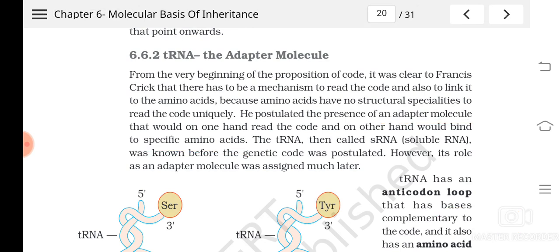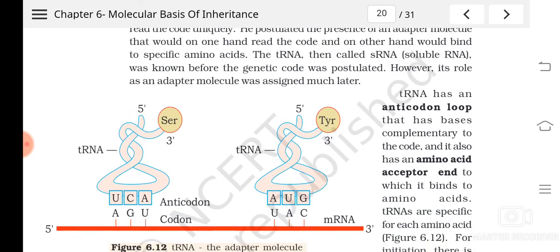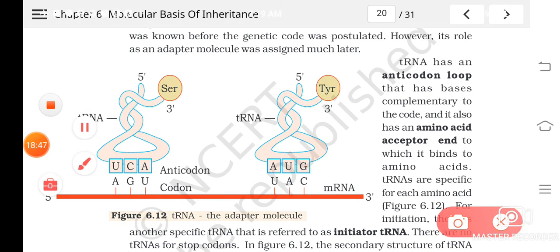tRNA was known before the genetic code was postulated, but its role in this process was not known. When you see the structure of a tRNA, it has an anticodon loop that binds on the codon. Codon is where? In the mRNA. There should be an anticodon site that can be complementary to the codons.